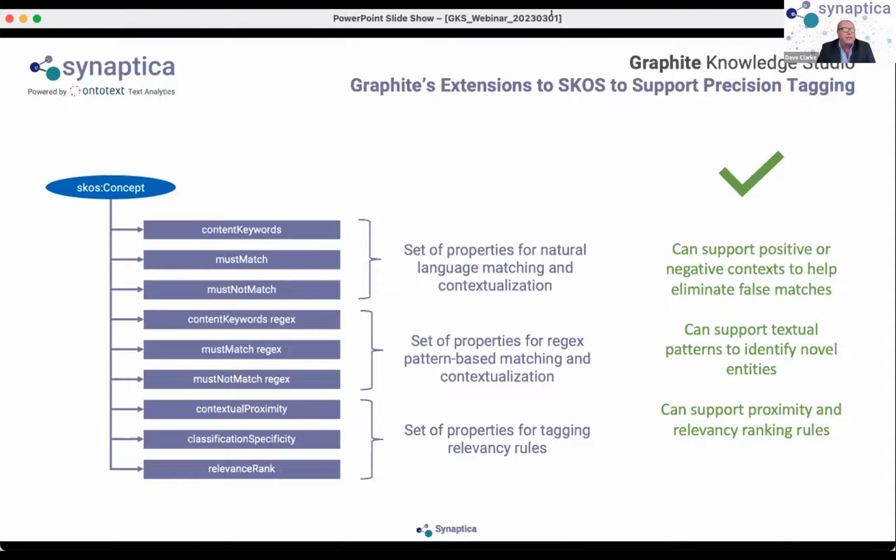So we've added those into the tool set in Knowledge Studio. And also we have here things for tagging properties like relevancy rule, proximity, etc. All the nitty-gritty stuff that categorization engines need.